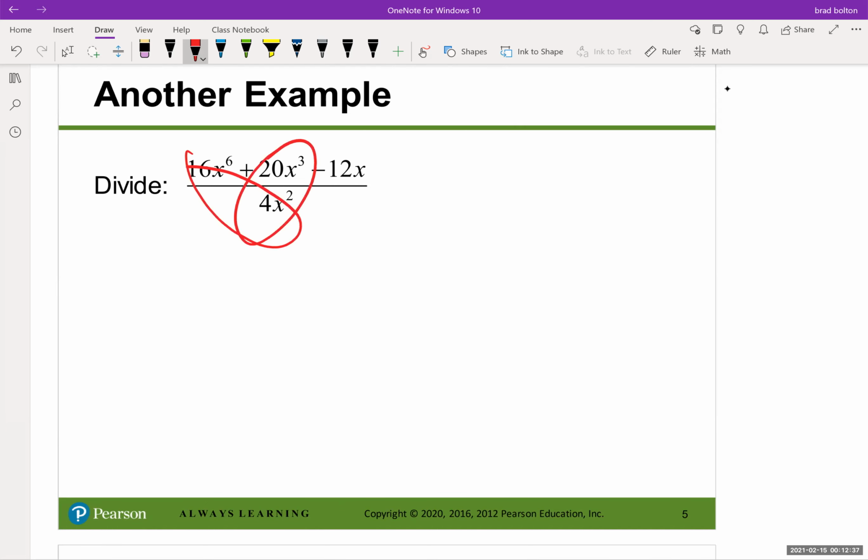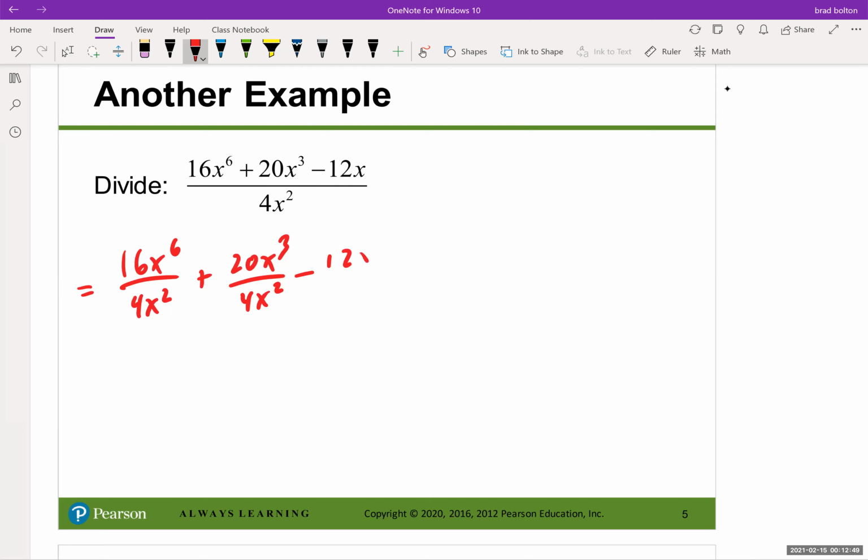All right, so hopefully you've unpaused the video and you split it like I did. You do these 3 separate little mini problems, and you should be left with 16x to the 6th over 4x squared plus 20x cubed over 4x squared minus 12x over 4x squared. Okay, let's see what we get. This will become 4 and this will become 1. Now all the x's will cancel in the denominator and become 1, but this will become x to the 4th.